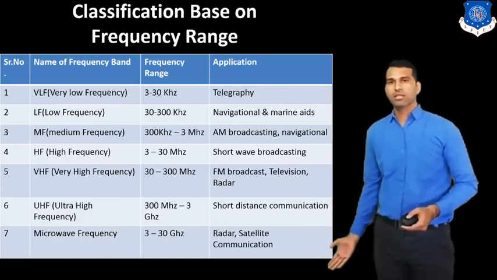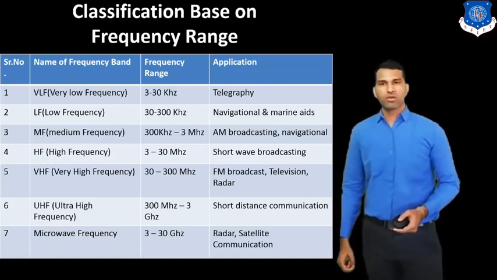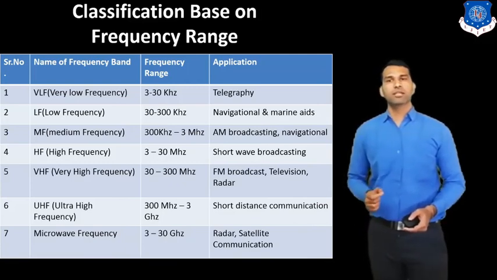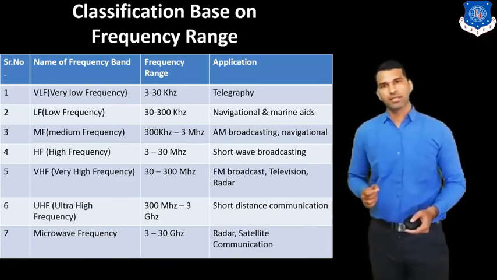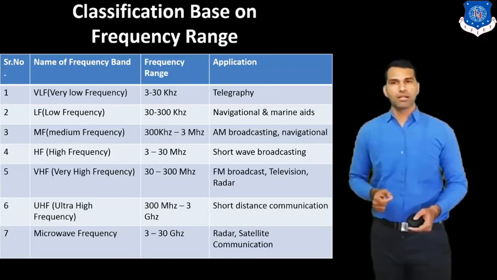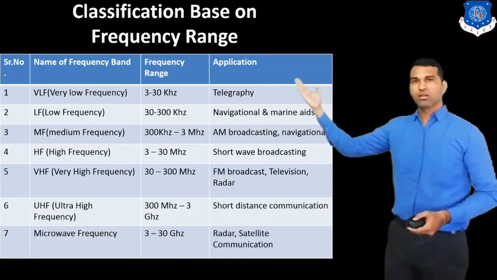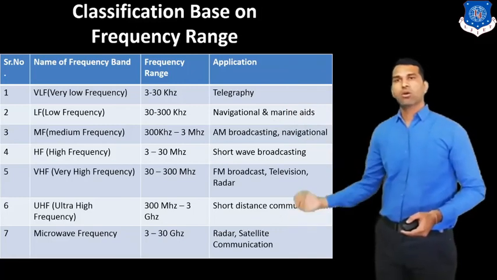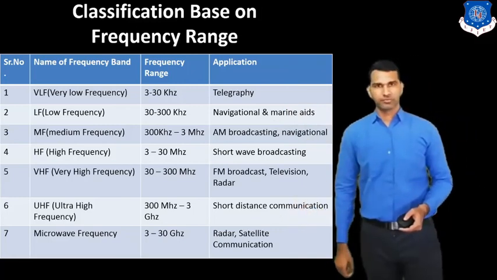And the last one is the microwave frequency, and the range is 3 to 330 gigahertz. It is used for radar and satellite communication. So this is the classification of antennas based on the frequency range.